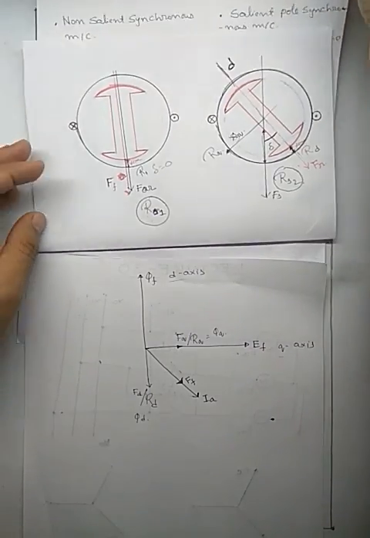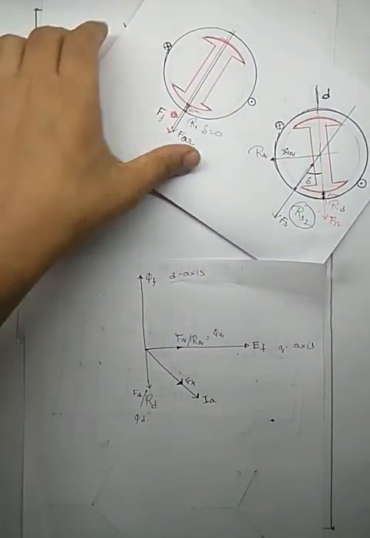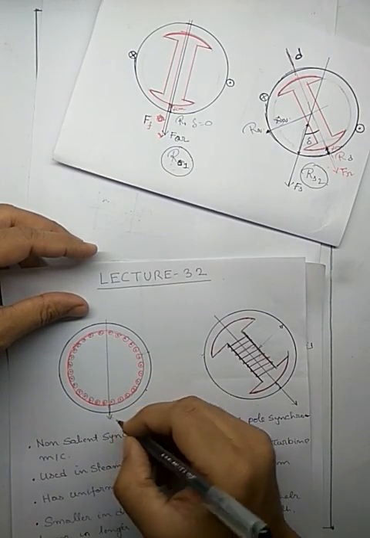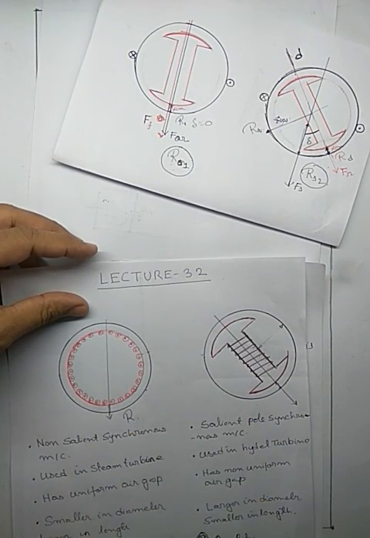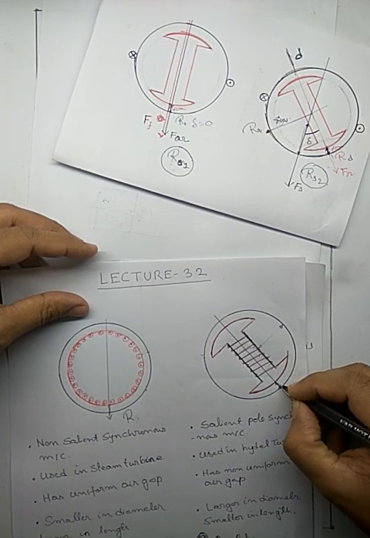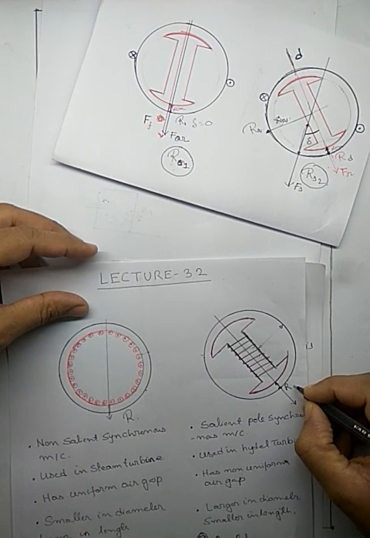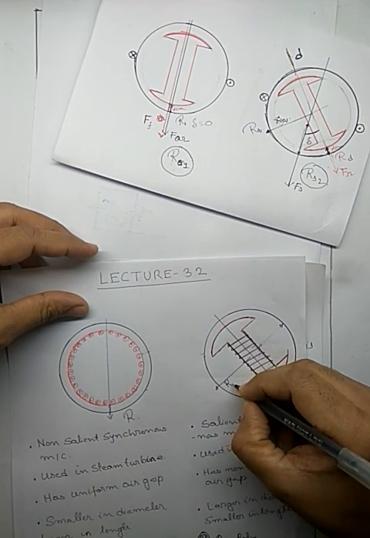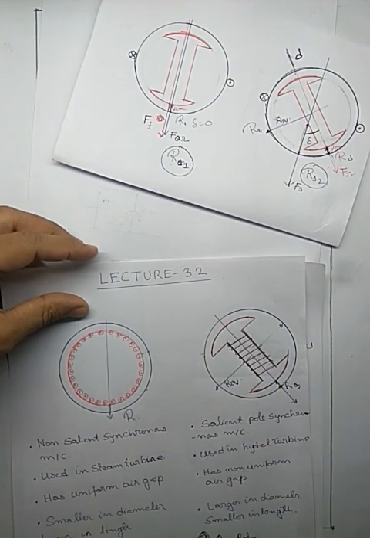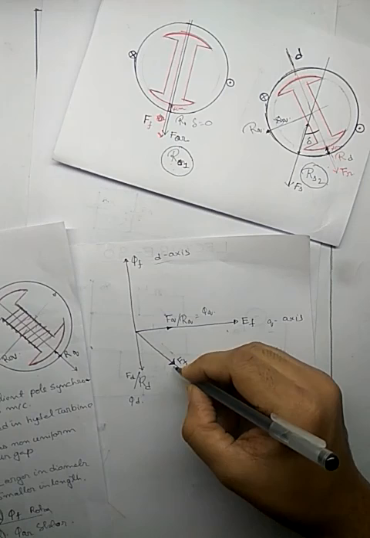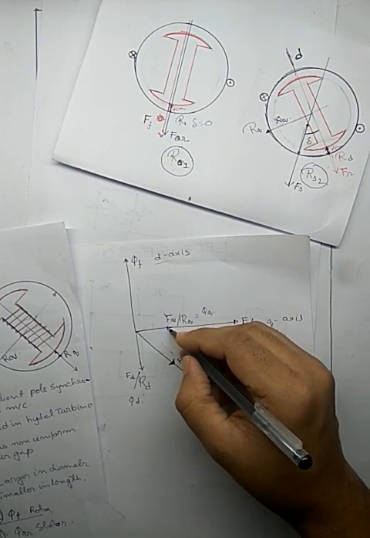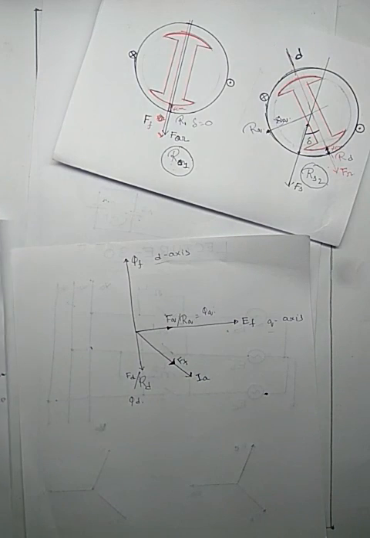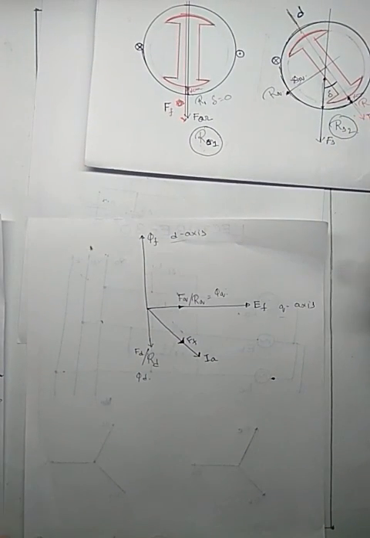The method of analysis is not very different. The only difference is that here the reluctance is not constant: we define it as RD along one axis and RQ along the other, then divide the MMF along the two directions and determine the flux. That is the difference. We will continue in the next class.